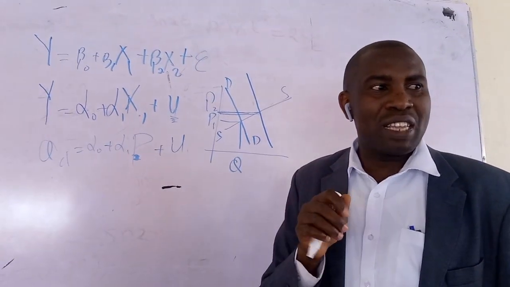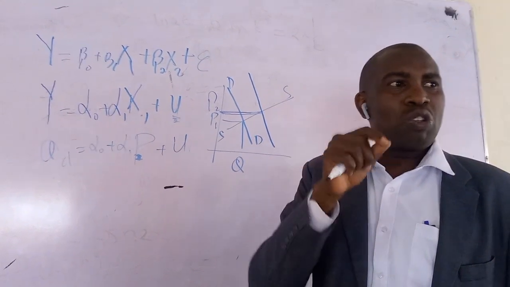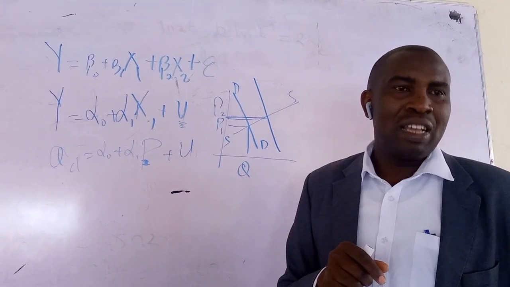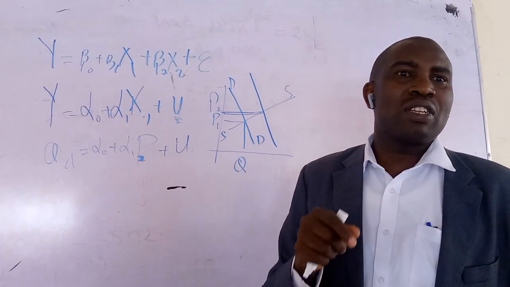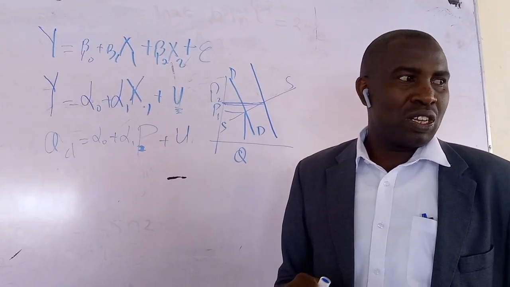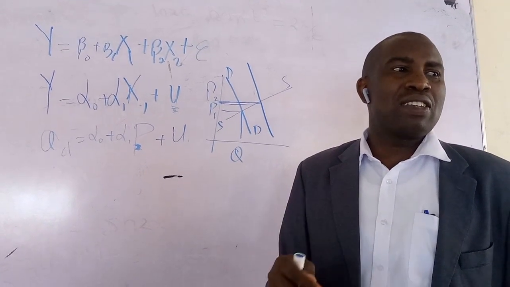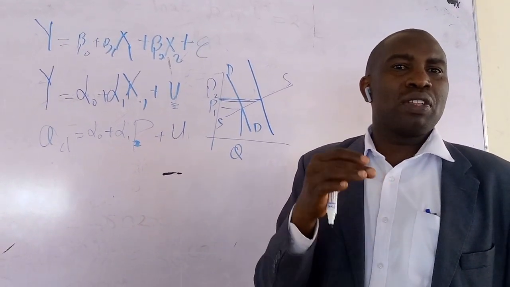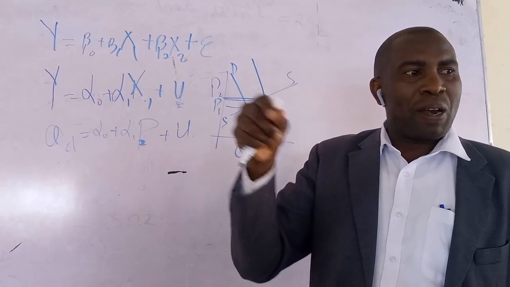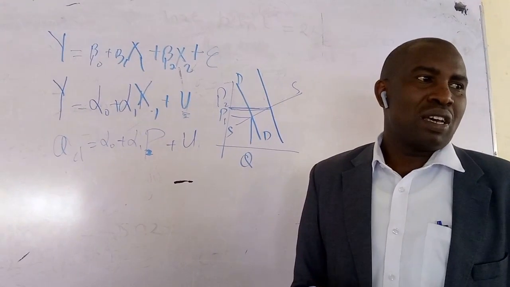So what we are saying is, if you omit a relevant variable in a model, the consequence is that you get biased estimates. Then another consequence is that the estimates will be inconsistent. Inconsistent means that if, for example, you increase the sample size, instead of the estimates converging to the population parameter, they are even moving away.